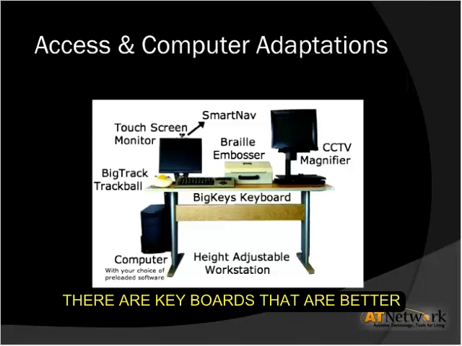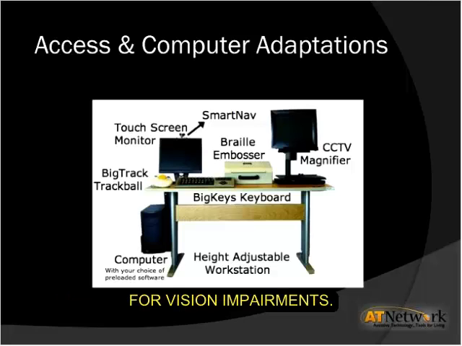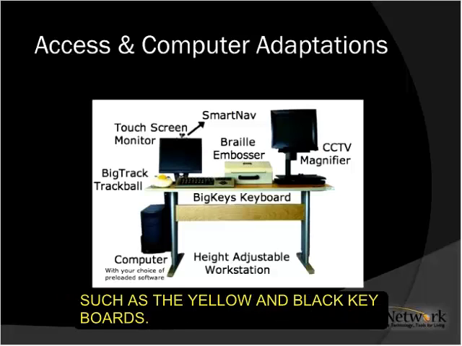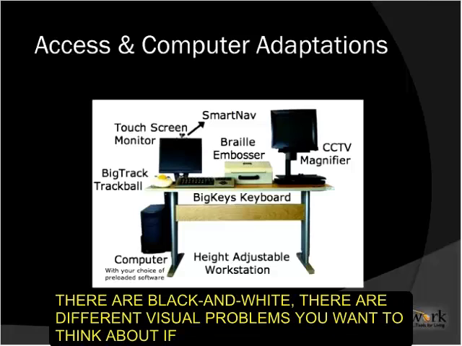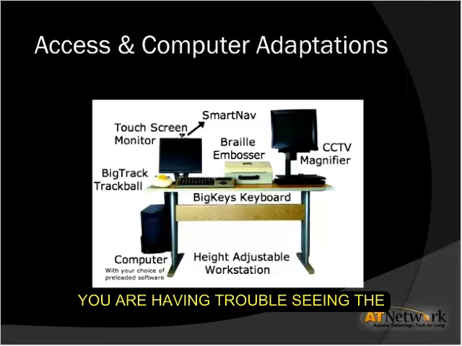There are keyboards that are better for vision impairments, such as the yellow and black keyboards. There are black and white. There are different visual problems that you want to think about if you're having trouble seeing the keyboard.